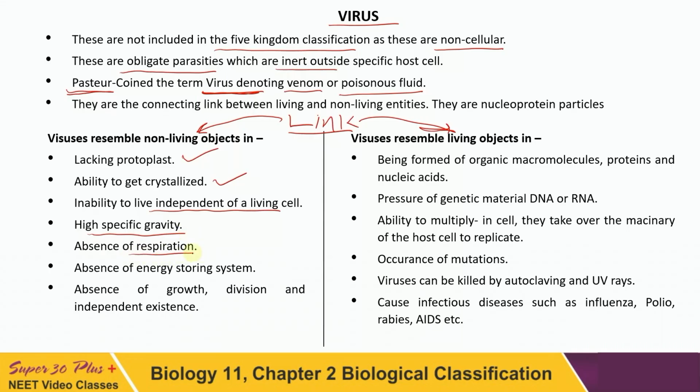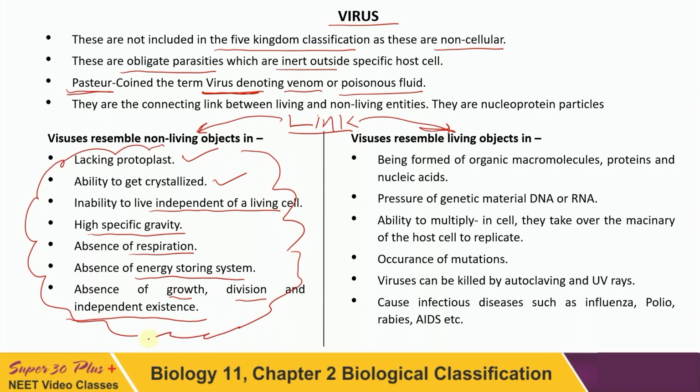You know, respiration is a character of livings, and it doesn't have any system for production or storing of energy. It cannot grow, it cannot divide. These are specific points on the basis of which we can easily say that virus is a non-living one.